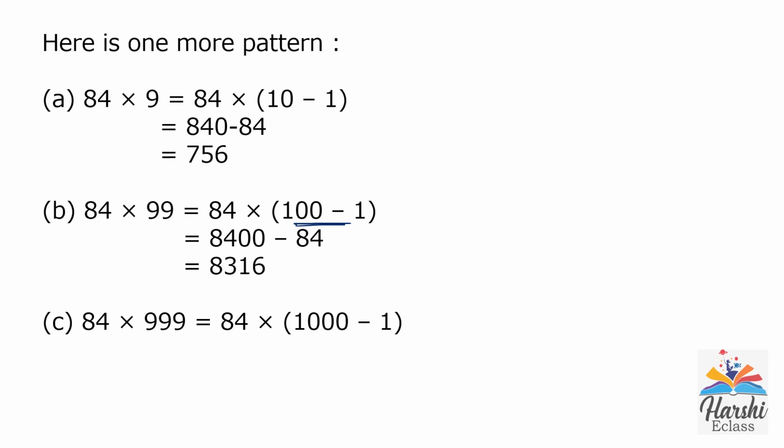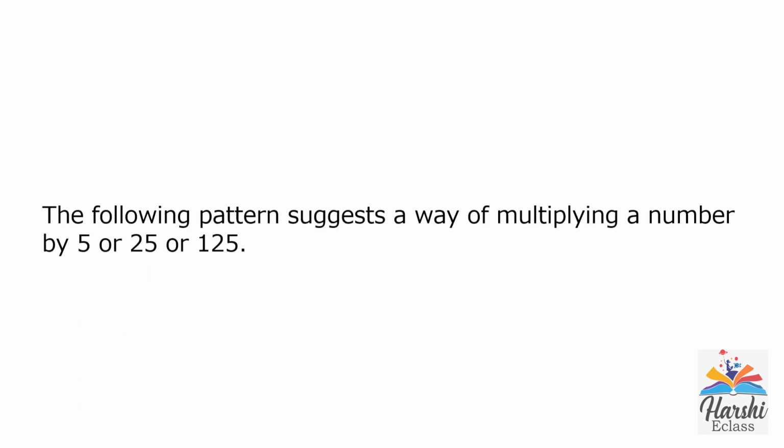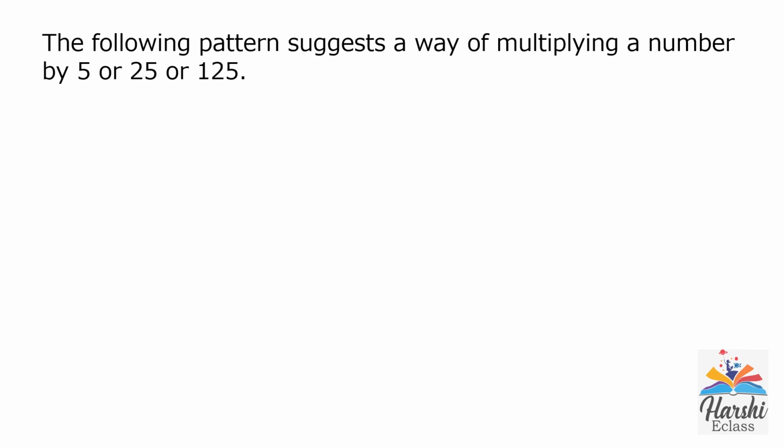Next, 84 multiplied by 999. Here we are going to write this 999 as 1000 minus 1. So multiply 84 with 1000, then do the subtraction of 84. We will get 83,916 as the product of 84 and 999. The following pattern suggests a way of multiplying a number by 5 or 25 or 125.